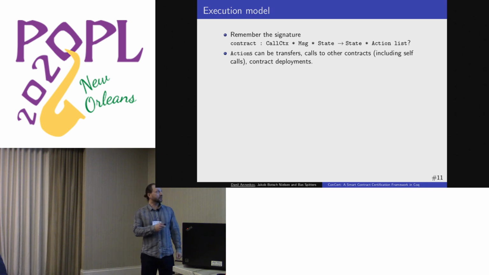The idea is that this function does not modify anything, right? It's really a pure function. It produces a list of something that the scheduler should take and then execute, probably updating the blockchain state and maybe calling other contracts. So it may result in a tree of executions, really.